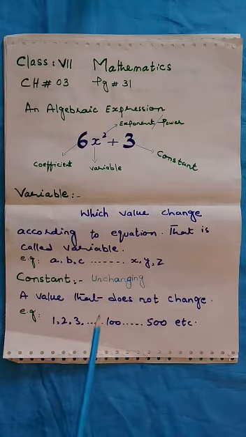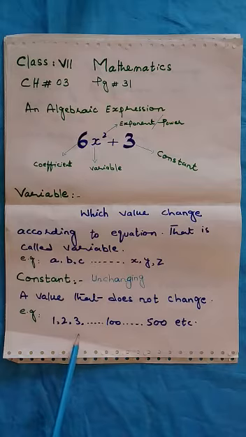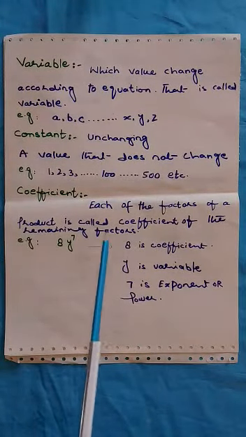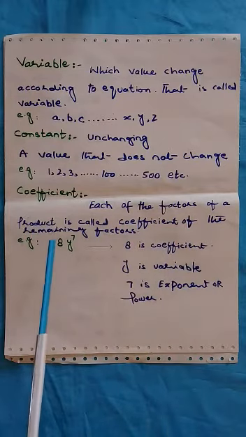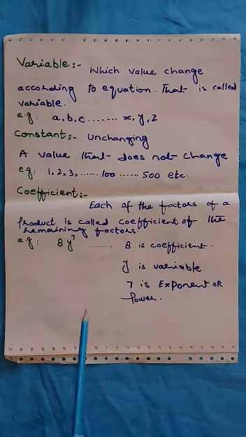Constant. Constant means unchanging. A value that does not change. For example, 1, 2, 3 up to 100 and so on. Coefficient. Each of the factors of a product is called the coefficient of the remaining factors.